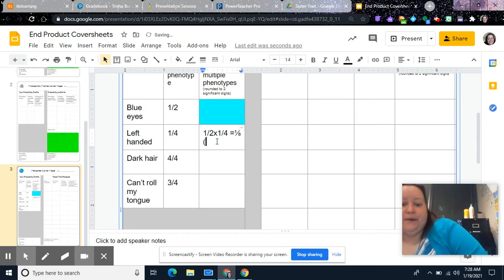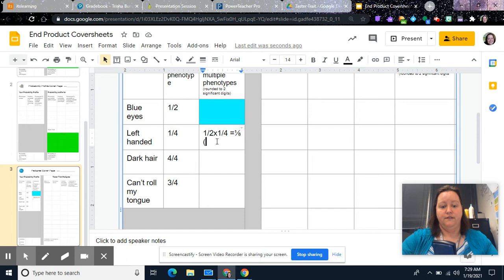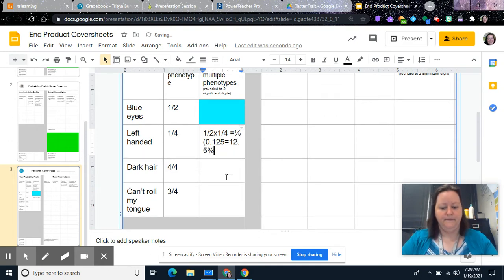It asks for percentage, and that's because when you are doing this on the right side of your paper, your numbers are going to be a lot bigger, and so percentages may be better to deal with than fractions. So 1 divided by 8 gives me 0.125, which equals 12.5%.